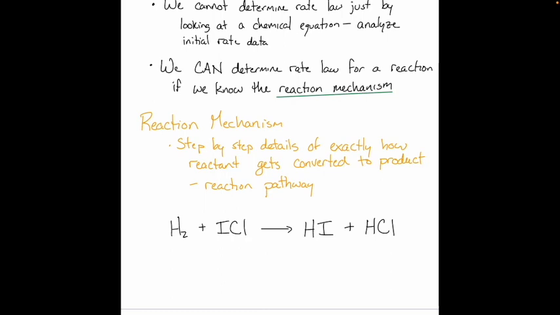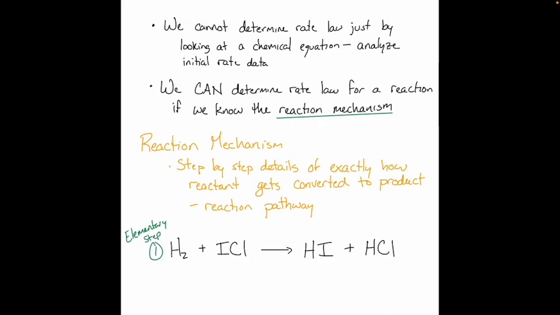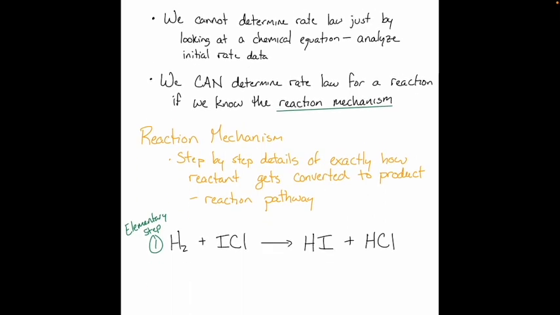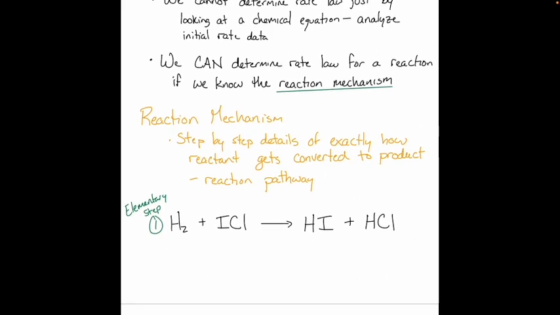This is what we would call the elementary steps in our reaction. So first, one hydrogen gas molecule combines with only one. Notice how we have two in our overall equation here, but combines with just one to form hydrogen iodide and HCl. And then in a second reaction, in a second elementary step rather, that hydrogen iodide combines with a second molecule of ICl to produce HCl and I2.